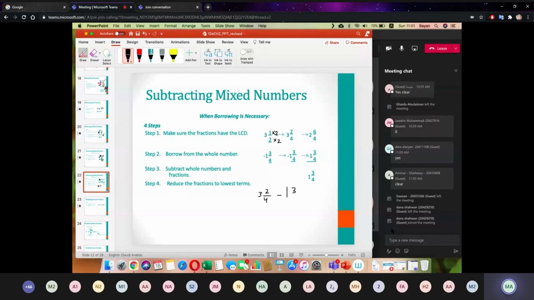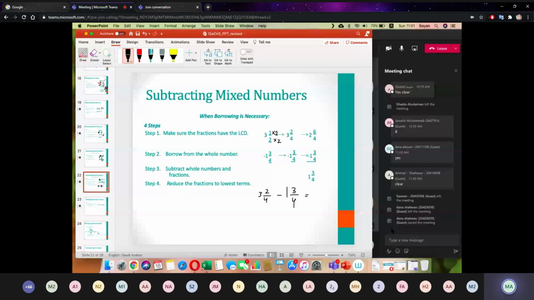If we subtract 2 minus 3, it will give you a minus value. 2 minus 3 will give you minus 1. So here we don't want a minus value. What should we do? We don't want an answer with minus. Here we're gonna borrow. Borrow from where? We're gonna borrow from 3 here.